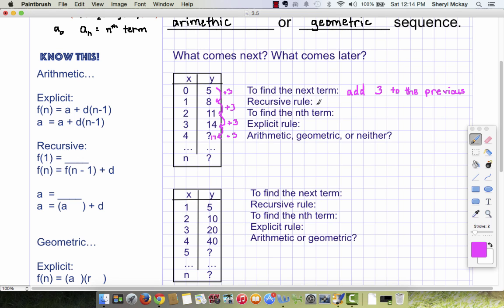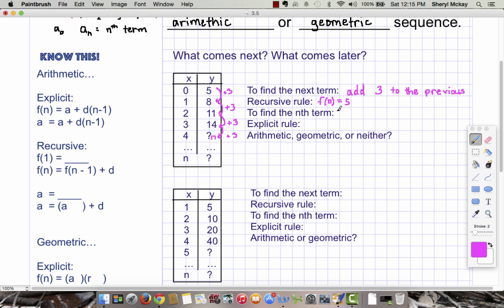Now the next thing I want to do is I want to be able to write a recursive rule for this. So this time I'm going to say that my starting term is actually f of 0. My first value is f of 0, and that equals 5.